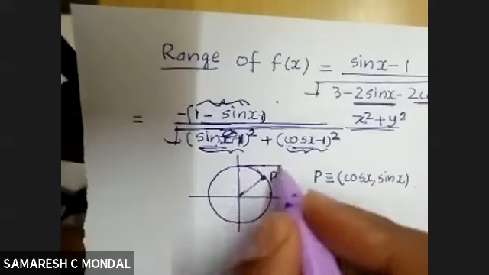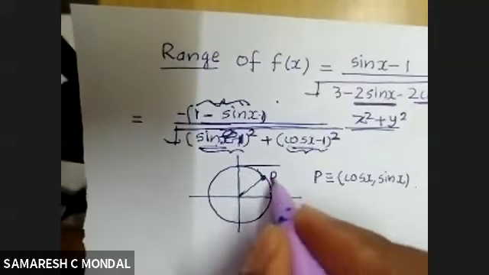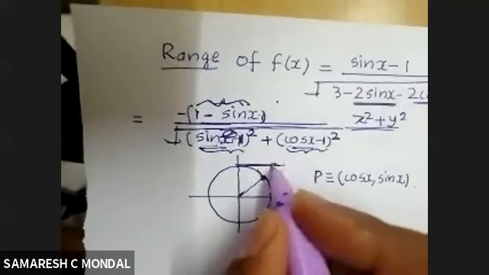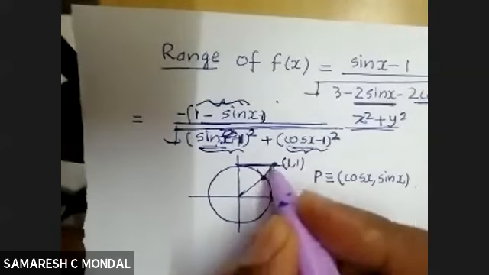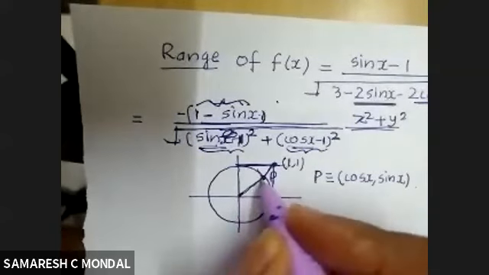And say if I join this, the endpoints of this will give, say, 1 comma 1. So the distance, they may not be collinear.